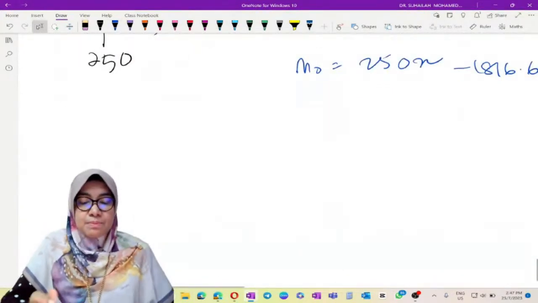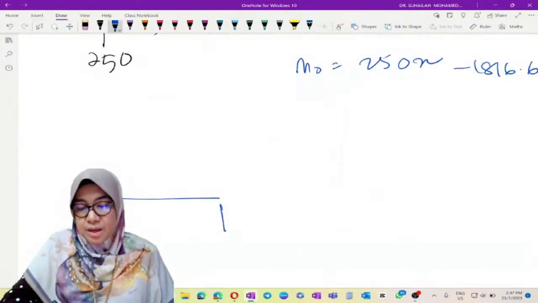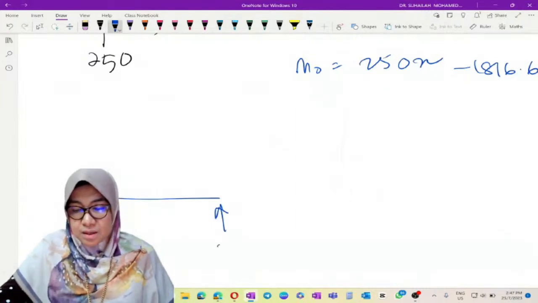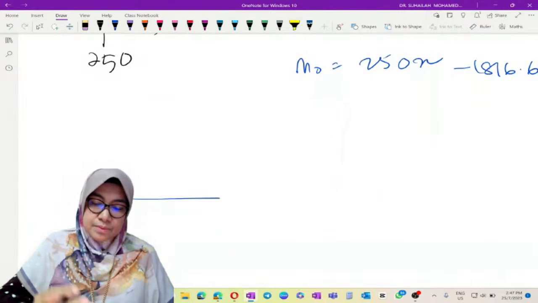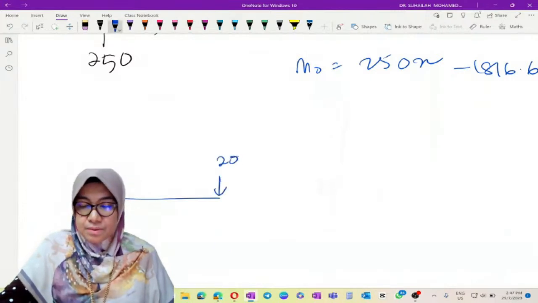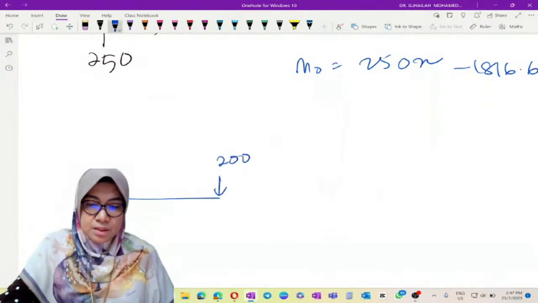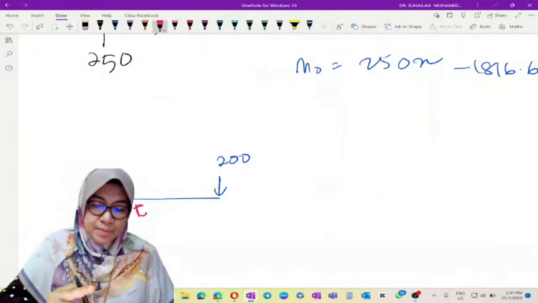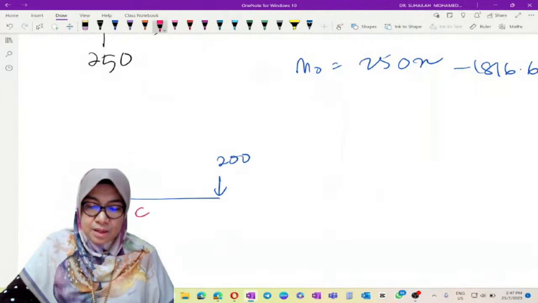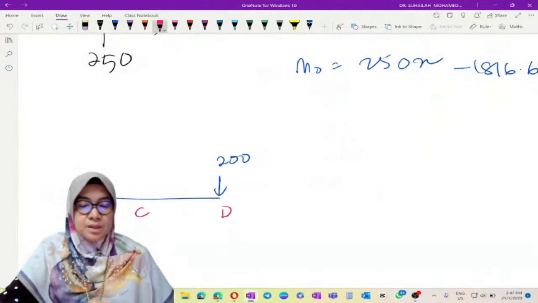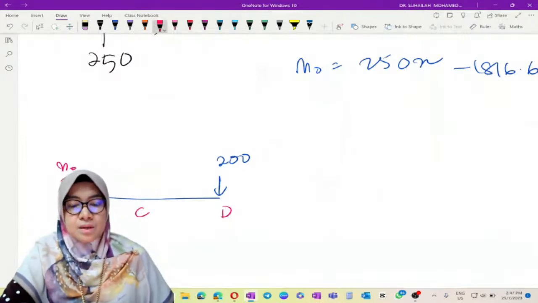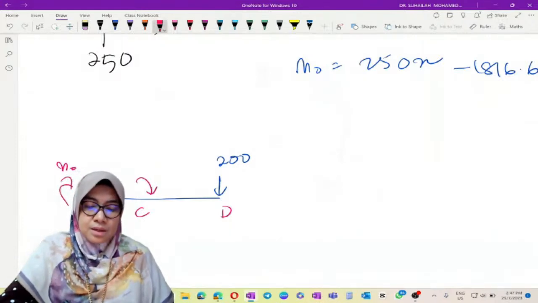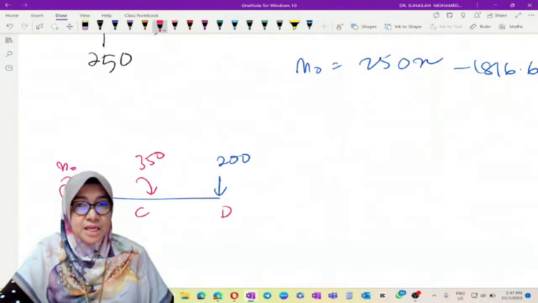What about member BC? For member BC, we have this 200. This is A, this is C, and D. The moment is like this, and here is 350.